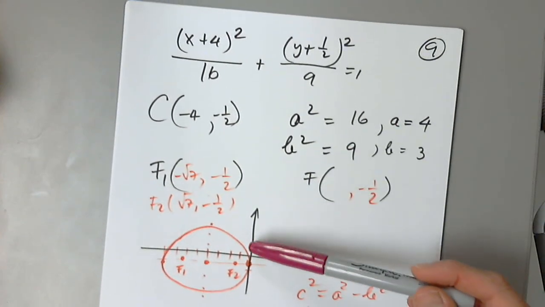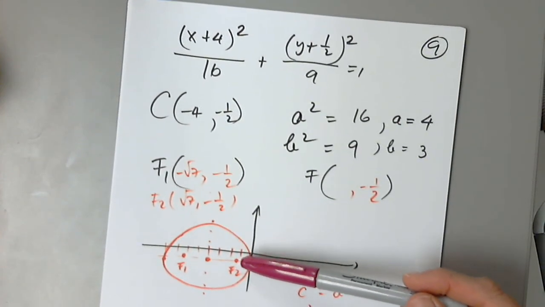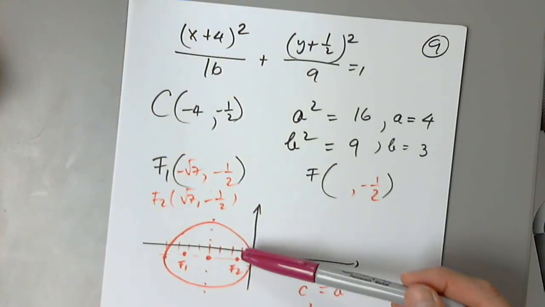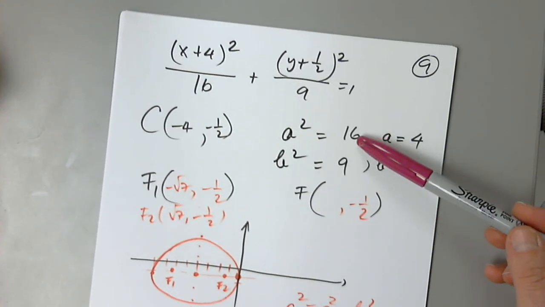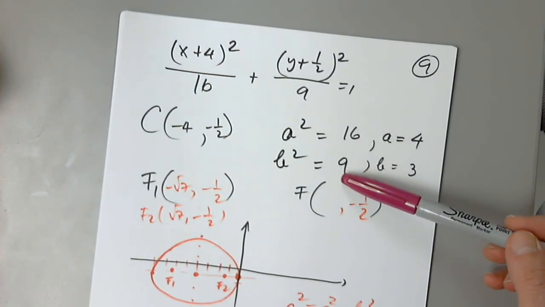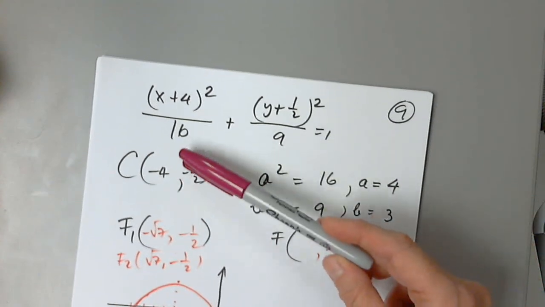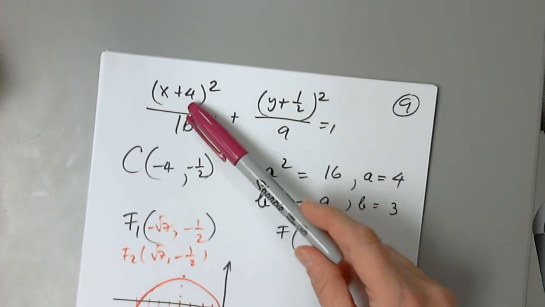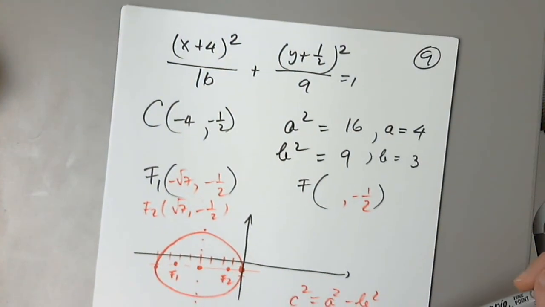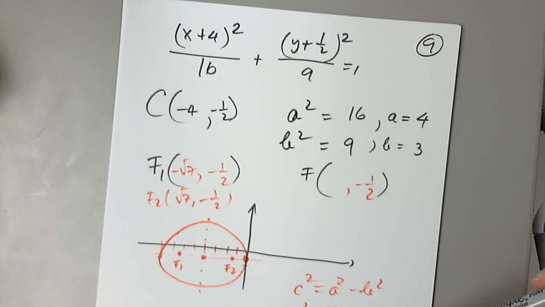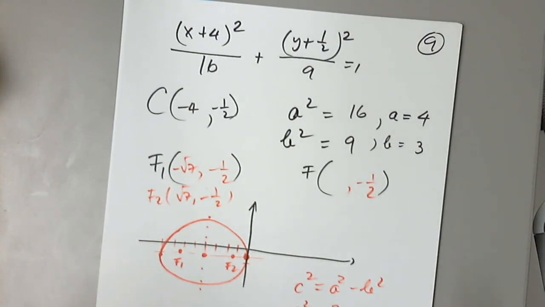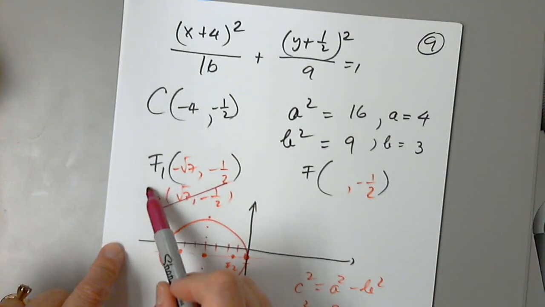Oh, I see what you mean. Hold on. A squared minus B squared. Very good question. Hold on. So once we determine, very good, thank you. So this is not correct.